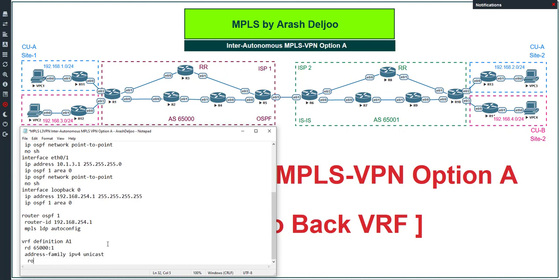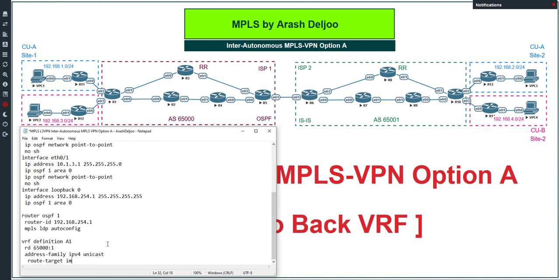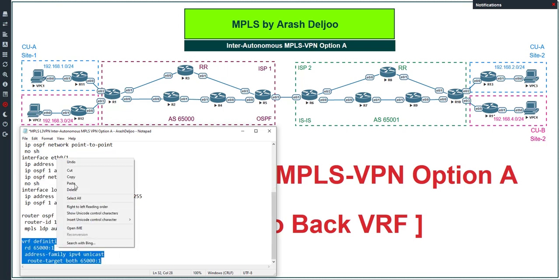We can use route-target import, for example 65000:1, and also route-target export, which means route-target import and export. We can use route-target both. Okay, 65000:1, route-target both 65000:1. That's it. This is the VRF definition A1.